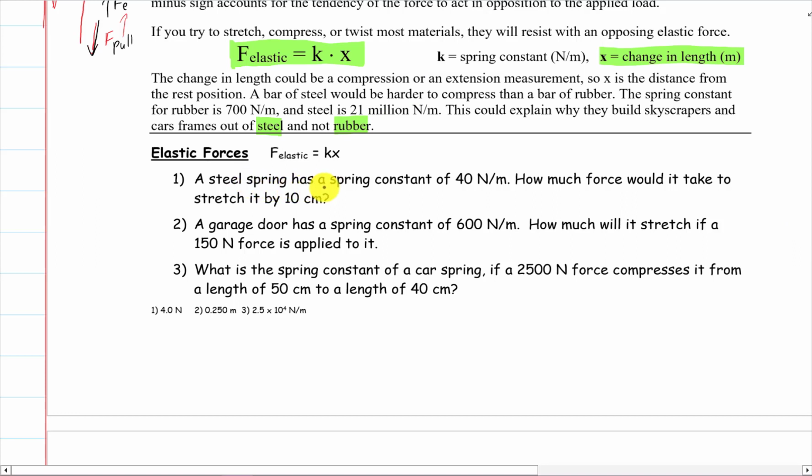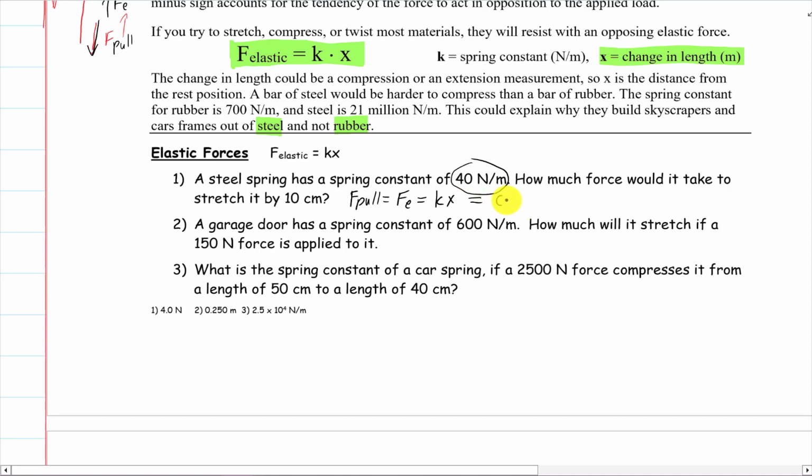A steel spring has a spring constant of 40 newtons per meter. Okay, that's just made up. How much force would it take to stretch it 10 centimeters? So the pull force would equal the elastic force, and it's going to be the opposite direction, but that's okay. And it's Kx.